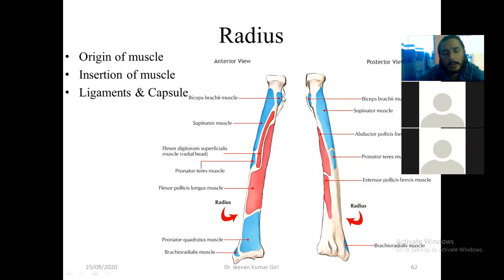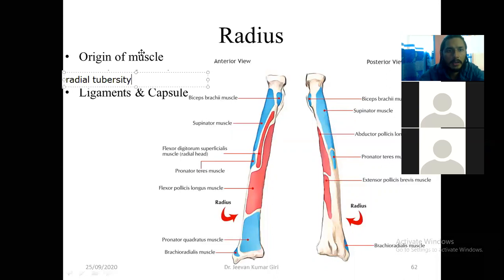Just remember, in the radial tuberosity there is the insertion of the biceps brachii muscle. Okay. So that is the biceps brachii.